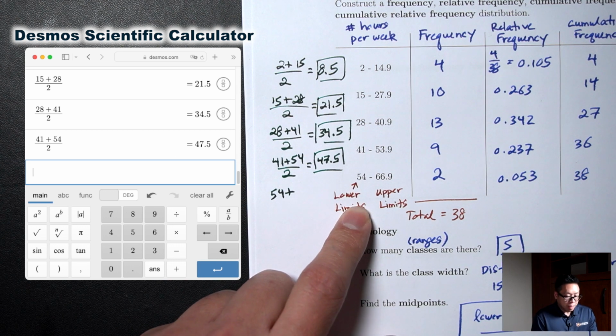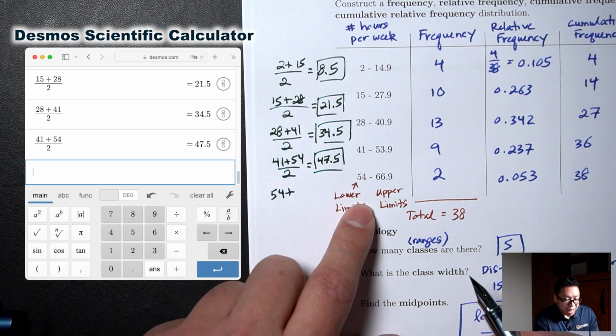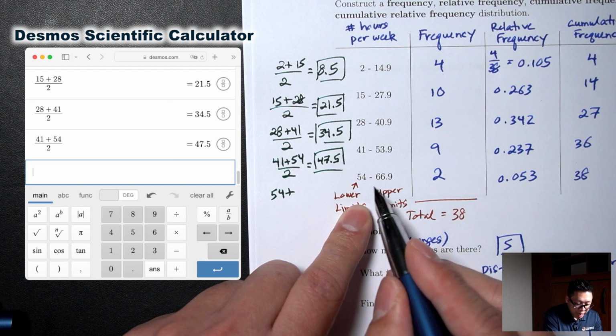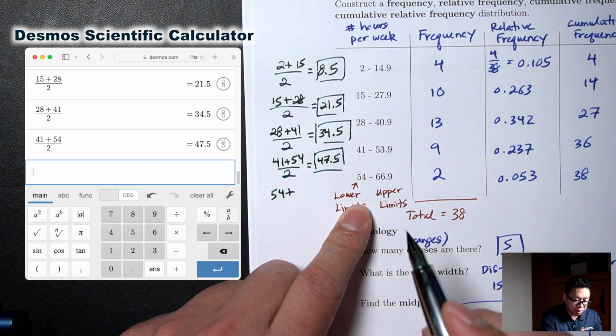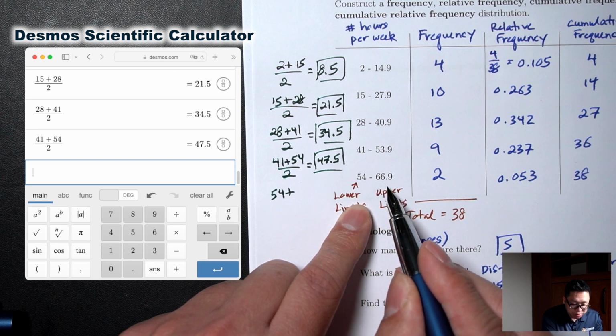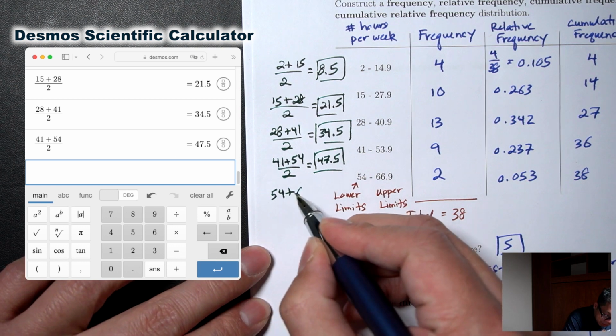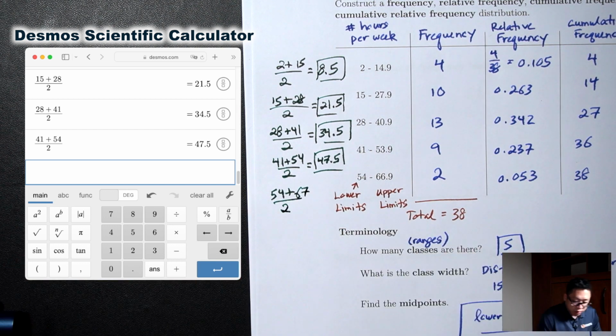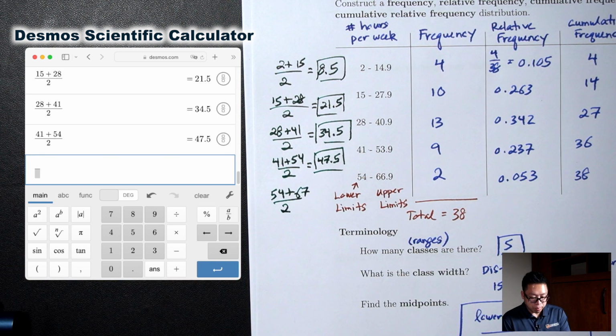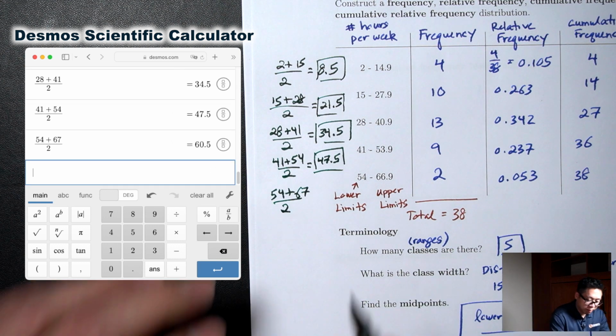So what do you do? Well, the next lower should come right after this upper. So what's the number that is right after 66.9? 67, right? So you can do it that way. So 54 plus 67 over 2, 60.5.